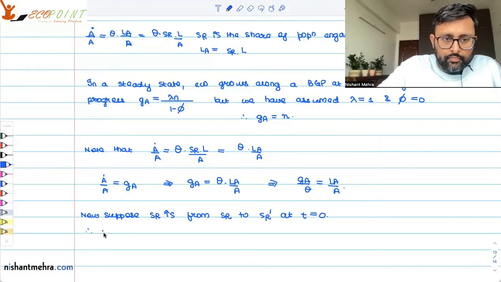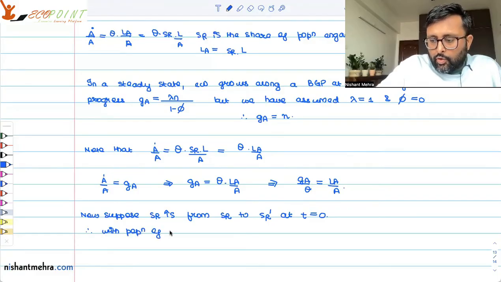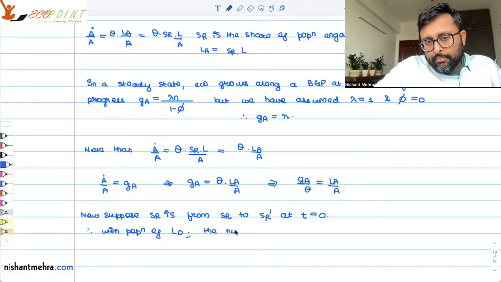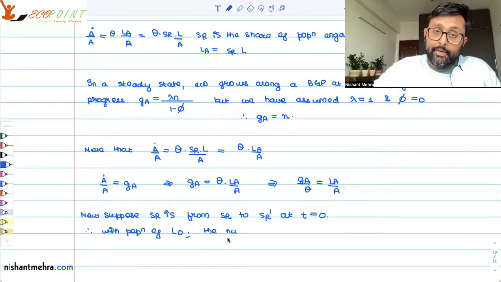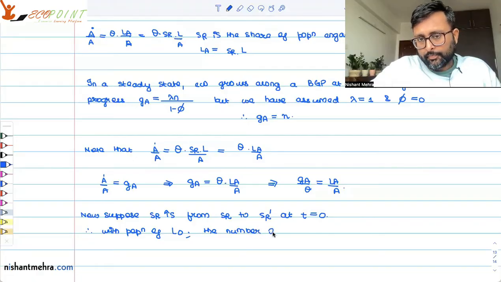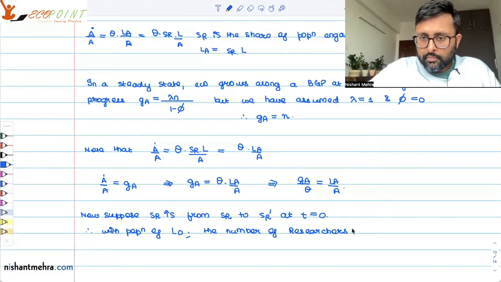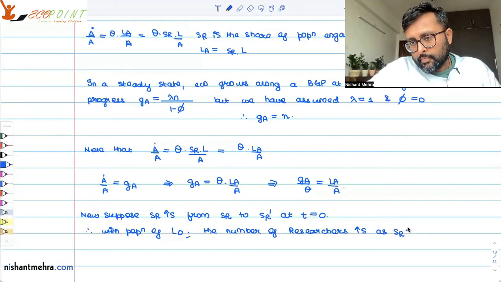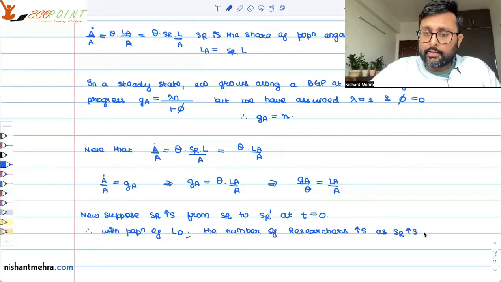Therefore, with a population of L naught, meaning the total population at time period 0 is L naught, the number of researchers increases as SR increases.